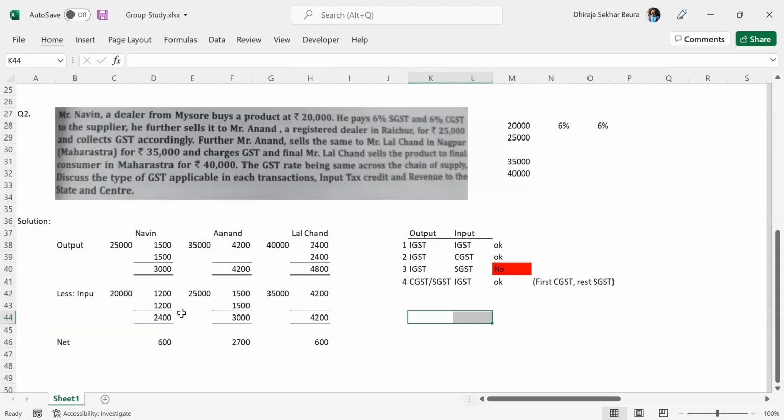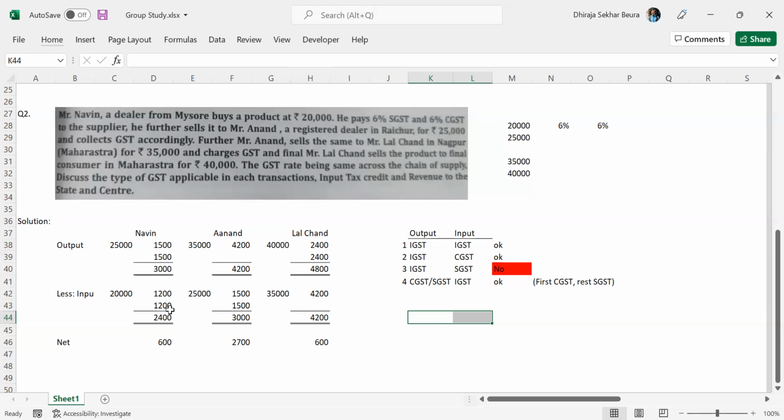SGST he has to pay 2,400. Okay. IGST he will remain with the 1,800 credit. So you have 2400 SGST liability, 1800 is your credit as of now. When you deduct, how much is still payable?